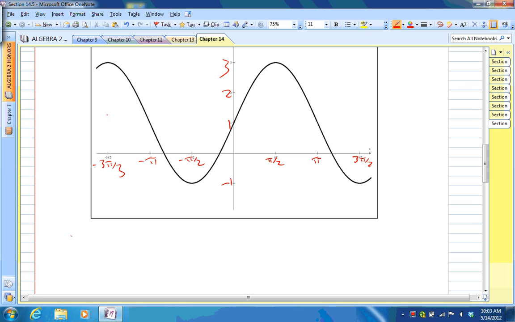Let's actually find the midline. So the midline is obviously at y equals 1. So what does that mean about k? Think about what k would equal. If you said 1, that's good.